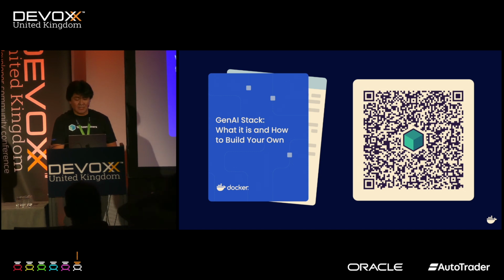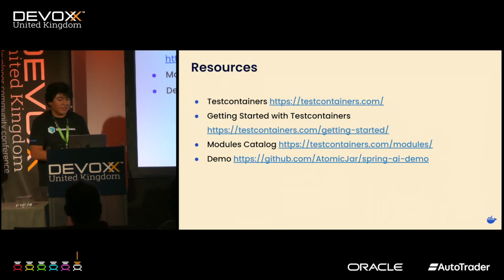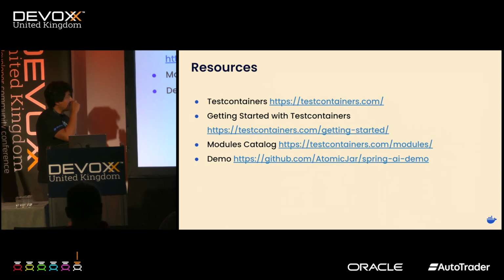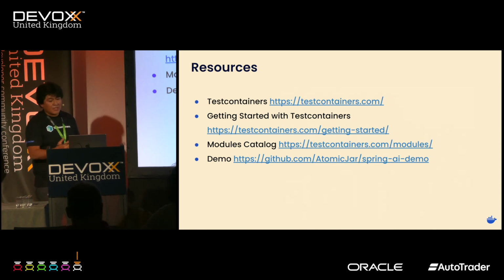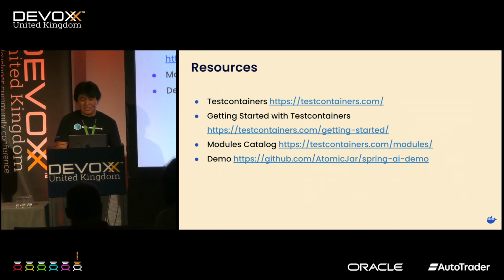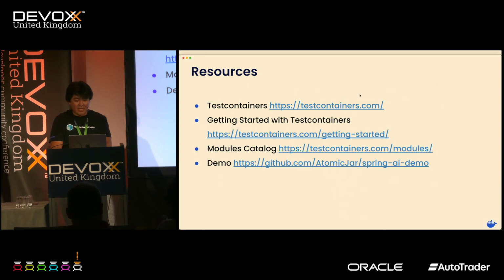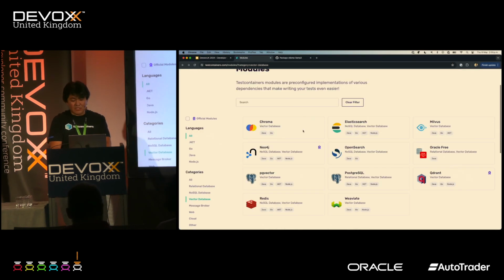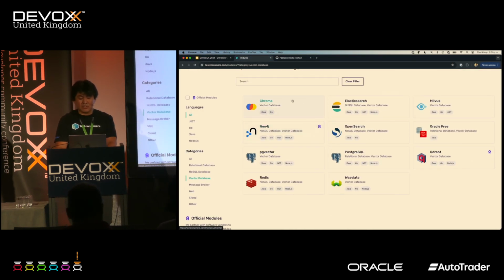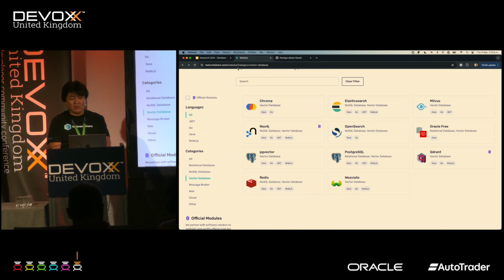about this, please. What else? Well, there are some resources related to Testcontainers: testcontainers.com, the Getting Started site, the different modules that we have, and of course the demo, you can find it in this repository, Atomic Jar Spring AI demo. And of course, as I showed you, this is the module catalog where you can find all the vector databases.